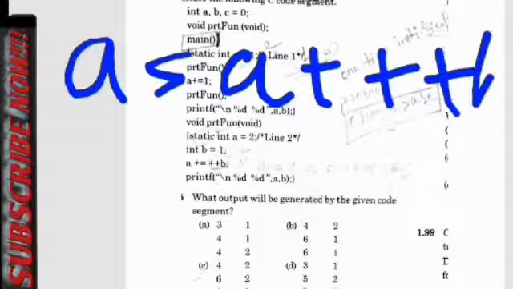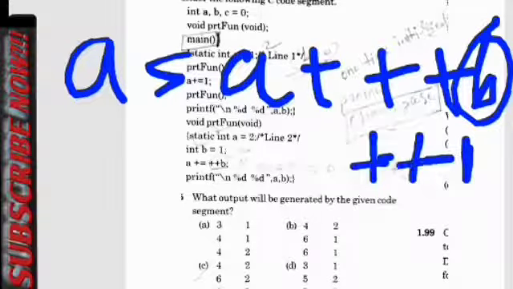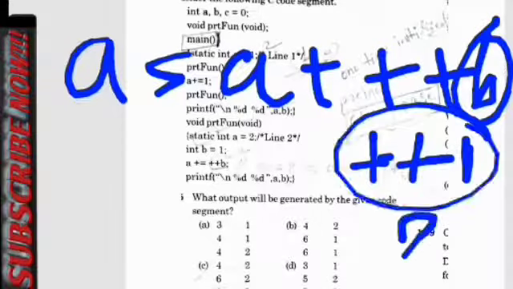Here static a equal to 2 and b equal to 1, and a equal to a plus b. So we directly know the value of a is a plus b, and the value of b is 1. So a plus b is basically equal to 2 plus 2, since the value of a is already given as 2.